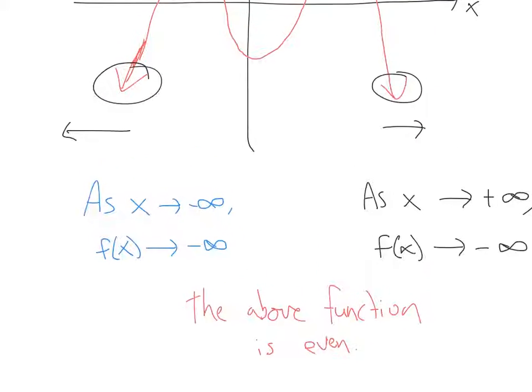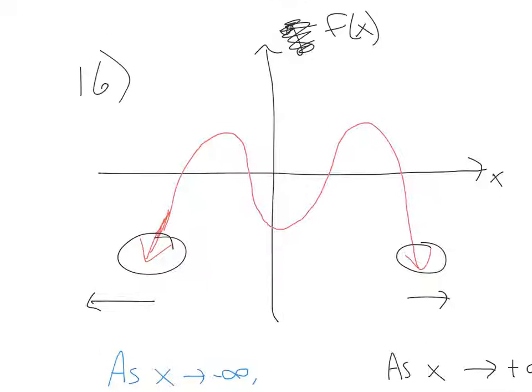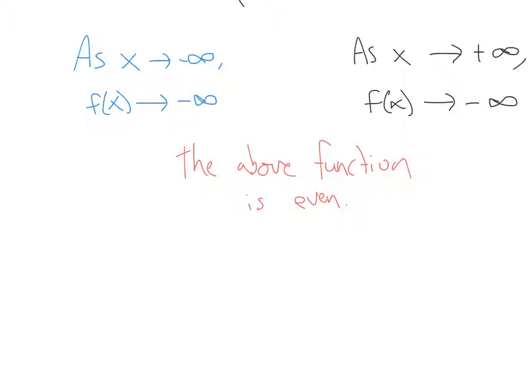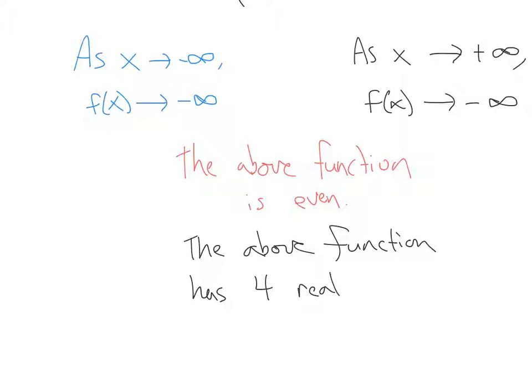Now the next question just becomes, how many real zeros are there? And that's just the amount of times that we cross the x-axis with our function. So our x-intercepts or our zeros or our real solutions are here, here, and here. So we would say that the function has 4 real roots, or 4 real zeros, or 4 real solutions. Lots of ways to talk about that. So the function has 4 real roots.